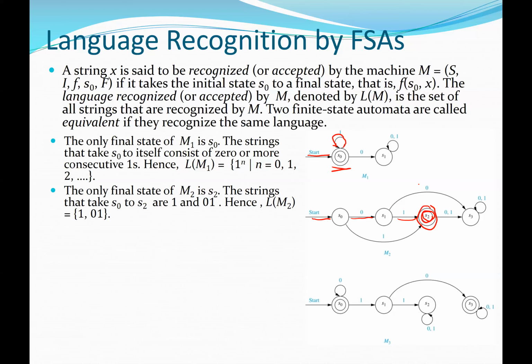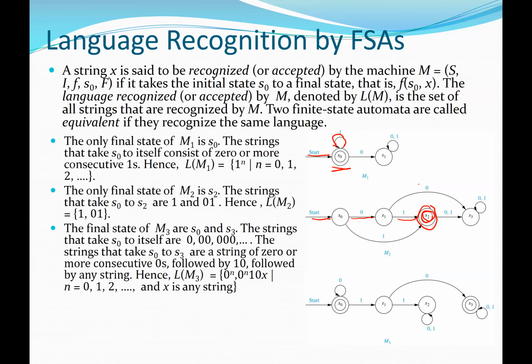So you can take 0 as many times as you want, and that's your first final state, S0. And then you keep going with the bit string 0, 1, 0. That will take you to S3, and then you are done right there.